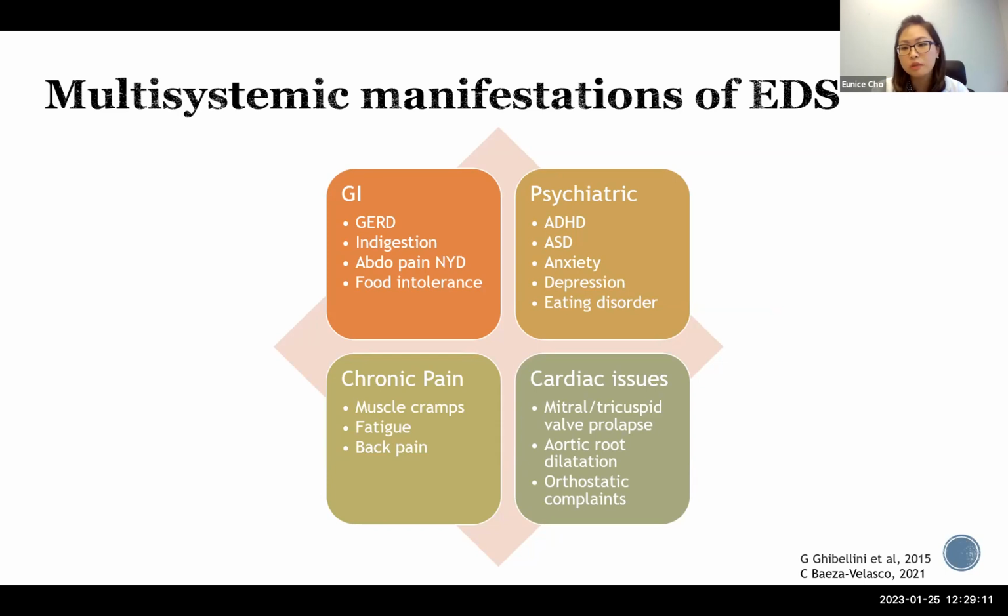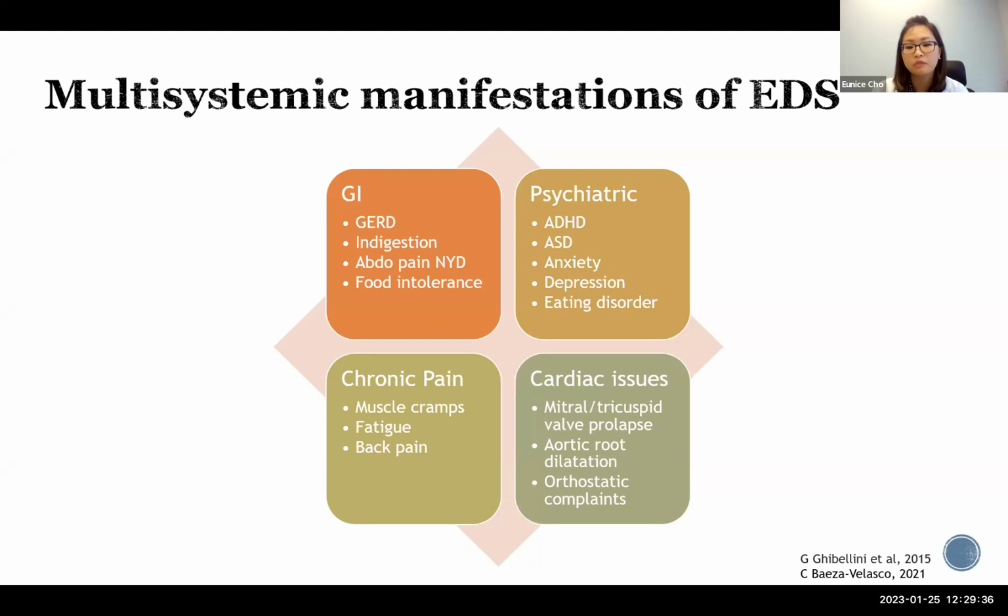In pediatric populations diagnosed with EDS, apparently there is a high prevalence of concurrent diagnosis of ADHD as well as autistic spectrum disorder. And across all ages, patients with EDS tend to have high rates of anxiety, depression, and eating disorder. Chronic pain is another big issue for patients with EDS.